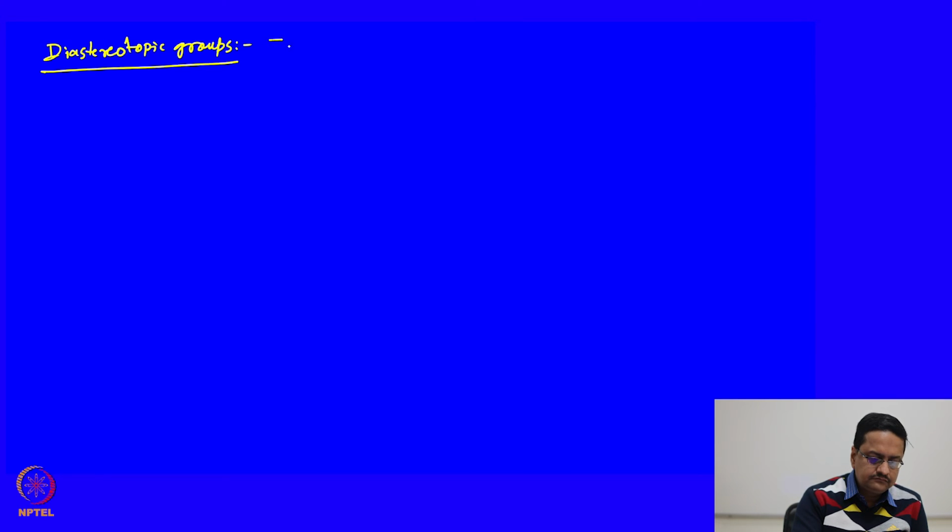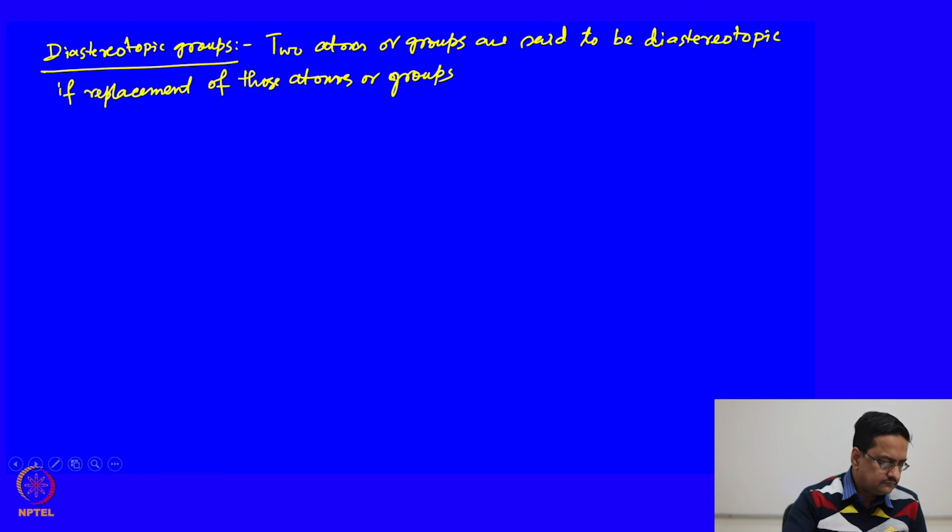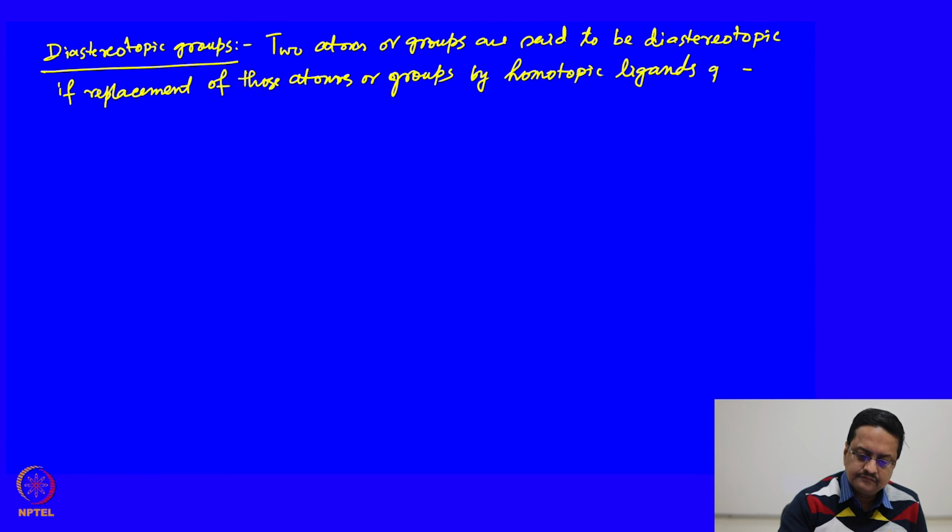So, the definition is: two atoms or groups are said to be diastereotopic if replacement of those atoms or groups by homotopic ligands generates a pair of diastereomers.